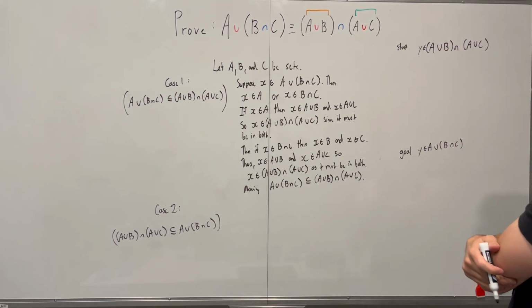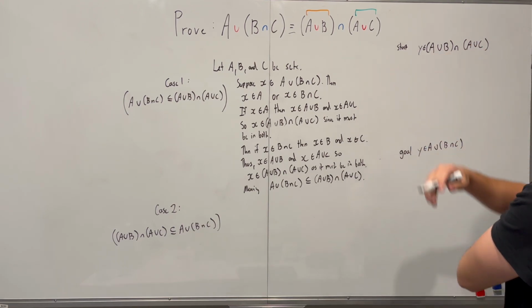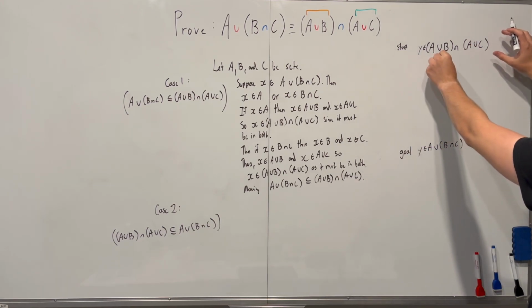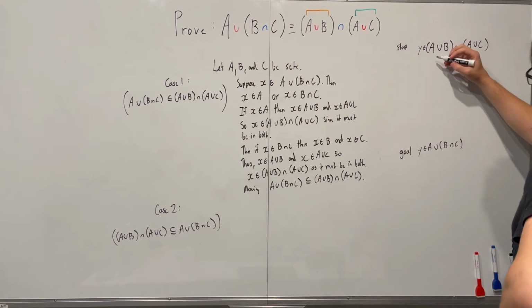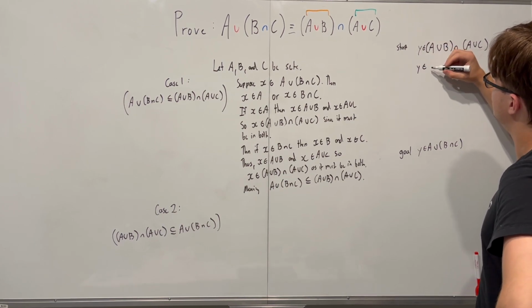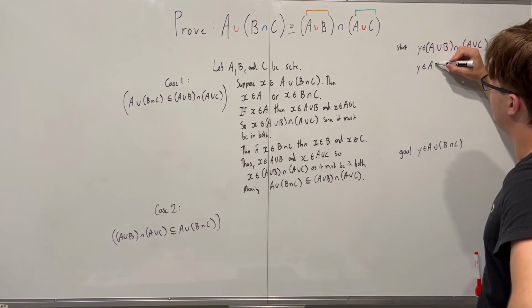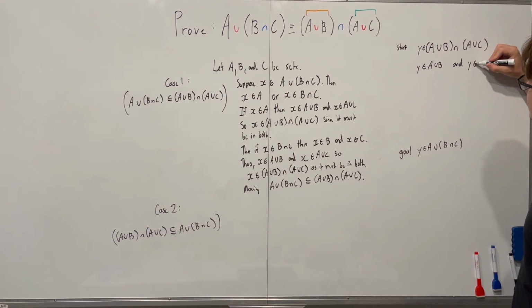So let's think of how we're going to do this. We need to get from here to here. Let's unpack our definition for what it means for y to be an element of this. So this means that y must be an element of A union B, and y must be an element of A union C, right?